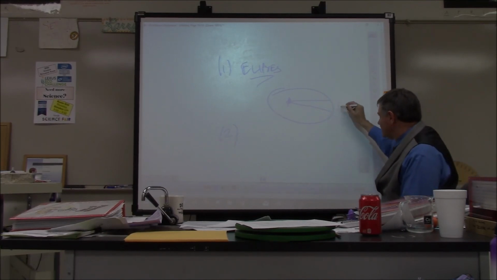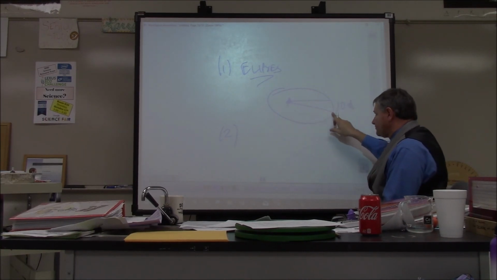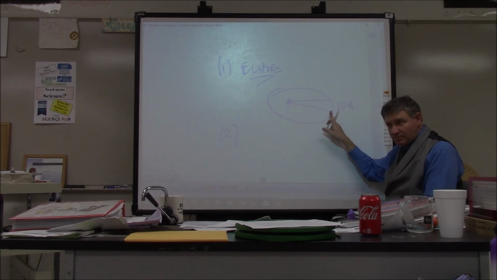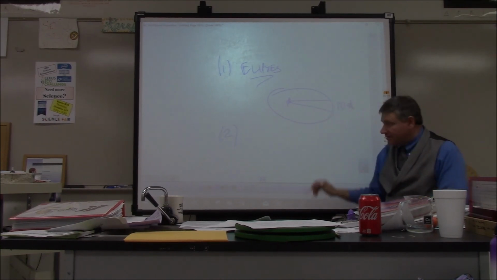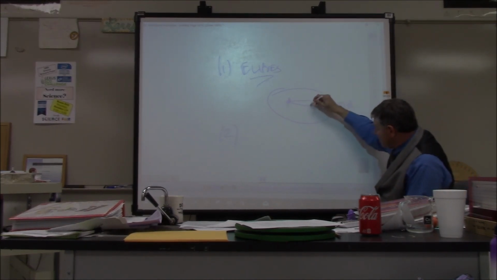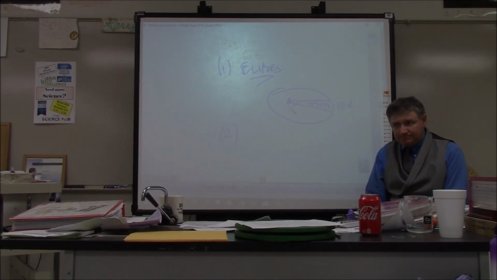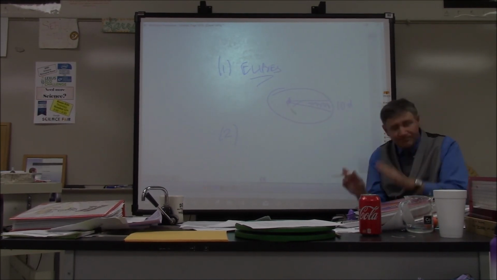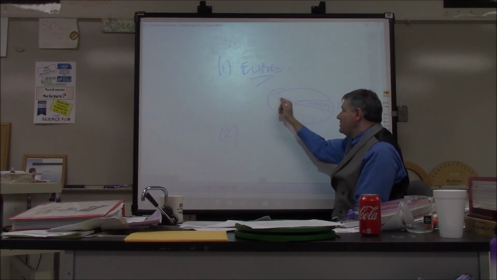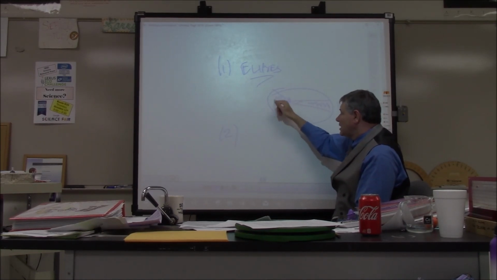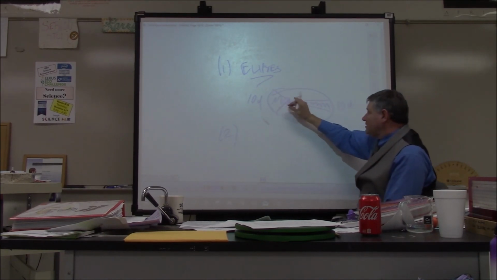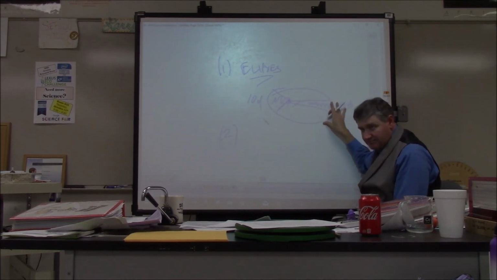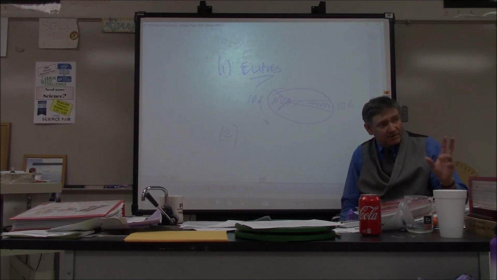If you drew a vector from the sun out to the edge of the orbit, and then another vector out to the edge of the orbit 10 days later, you can find the area swept out during that time. It's going to be a certain geometric area. Now, if you came in here when it's closer, and also did a 10-day sweep, this area here is the same as this area here. That's why it's called the law of equal areas and equal times.